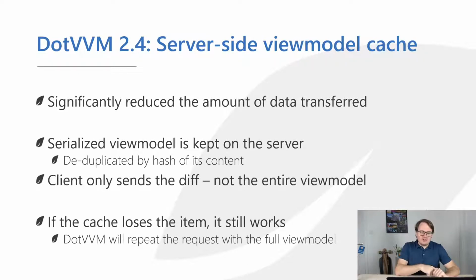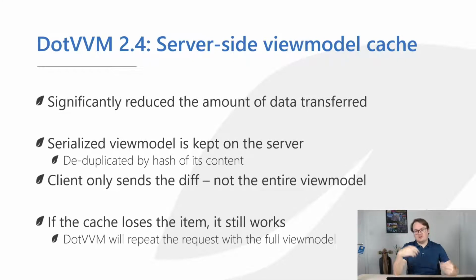Of course, every cache can be unreliable. If the server is short on memory, it may be a situation that the cache will have to wipe out some items. And if that happens, it's not a problem, because .vvm server-side part will tell the page, okay, sorry, I don't have this item in the cache anymore. Can you please repeat the request and send everything?